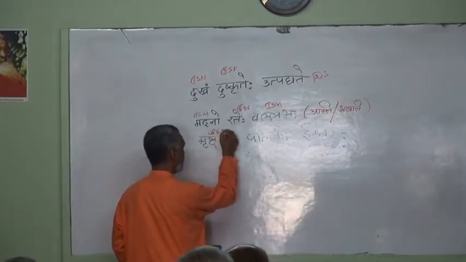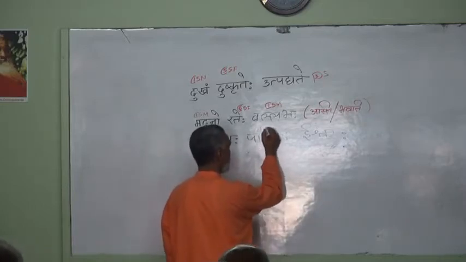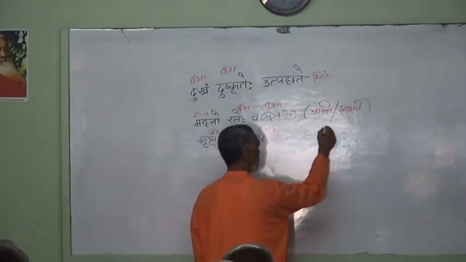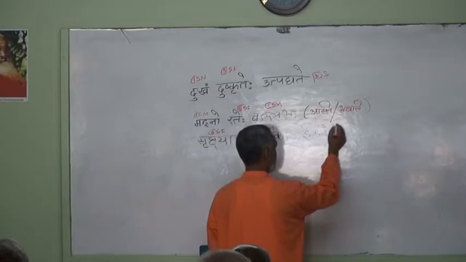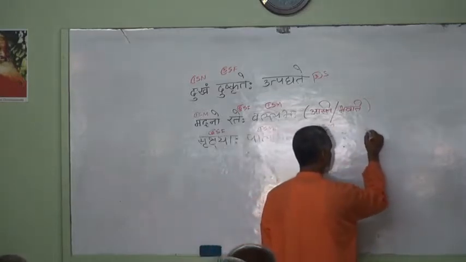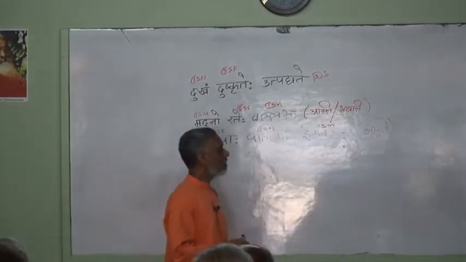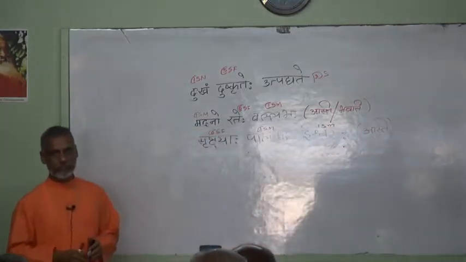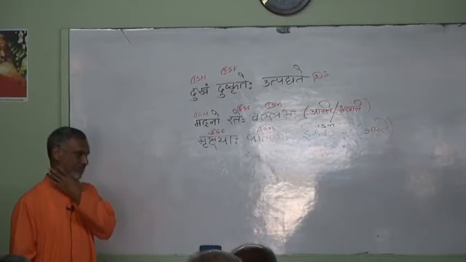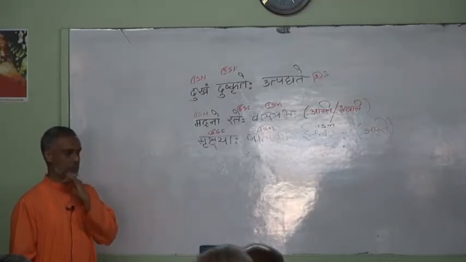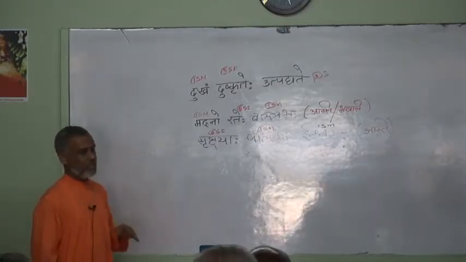6th case, singular, feminine, 1, and here will be Asti, right? Or Bhavati, same thing. I mean, it is understood.